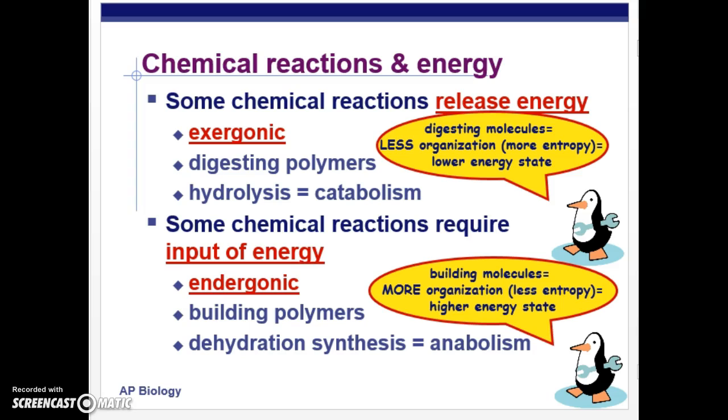And some chemical reactions require an input of energy, and those are called endergonic. Those are anabolic, like the building of polymers that occurs through dehydration synthesis.